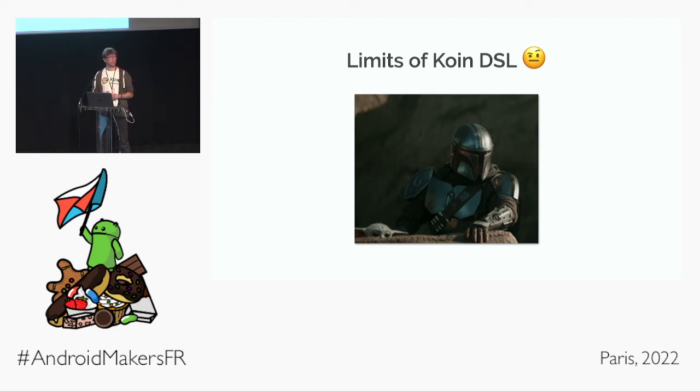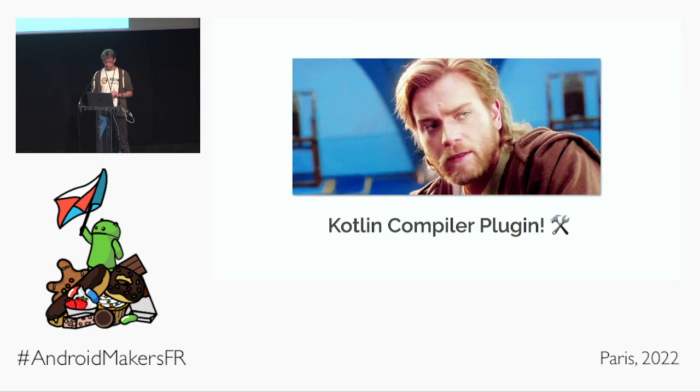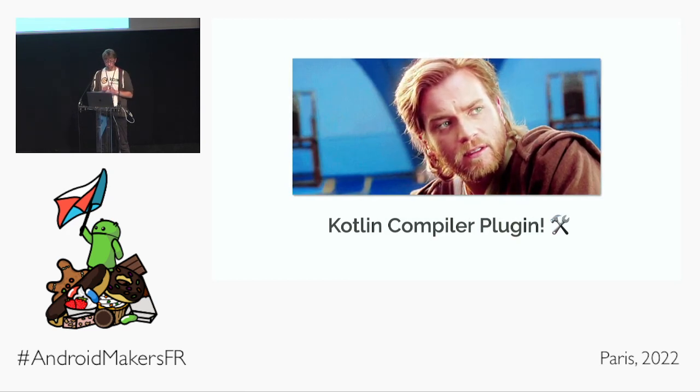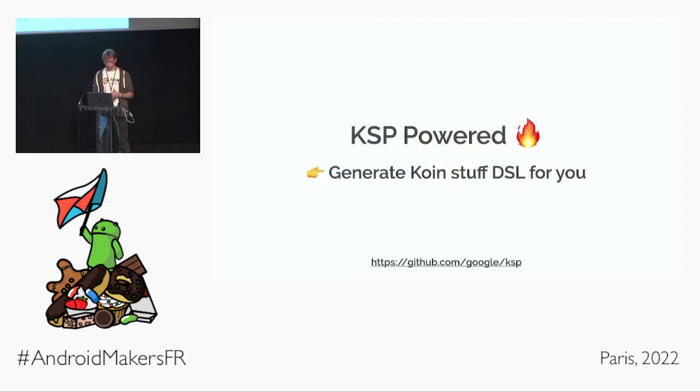But there are limits, because we can't really analyze everything in your DSL. It can be very difficult because everything is runtime. One solution is to look at the power of Kotlin compiler plugins and ask what we can do at the pre-compilation side of the project.